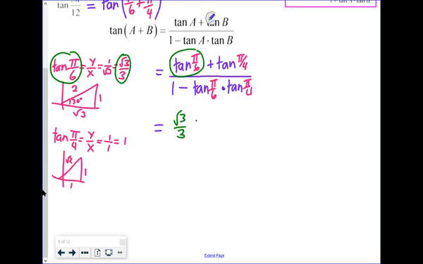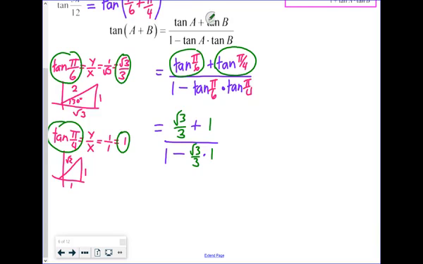Then I've got plus, and when I see the tangent of pi by 4, I'm writing just 1. In the denominator, when I see tangent of pi by 6, I'm writing root 3 over 3, and I've got multiplied by 1.